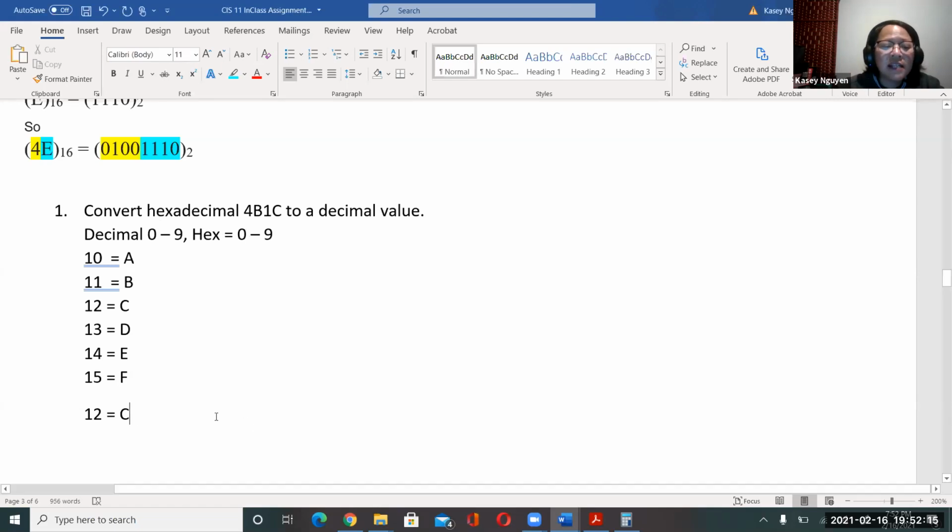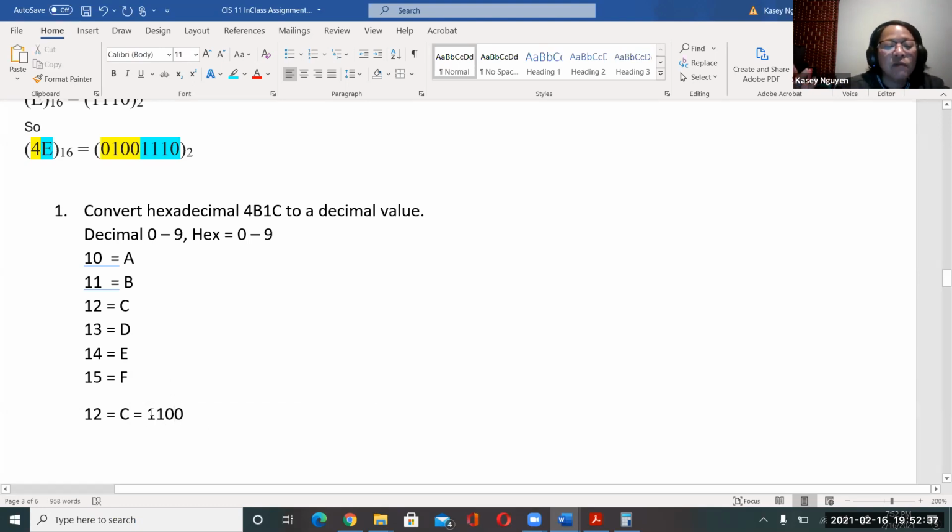So starting with C, 4 bits. From the right, we're going to have 1, 2, 4, 8. So the 4 and the 8 are on, for 12. 1, 1, 0, 0. Because 1 is off, right? So we go down and subtract. What's the largest number we can subtract?